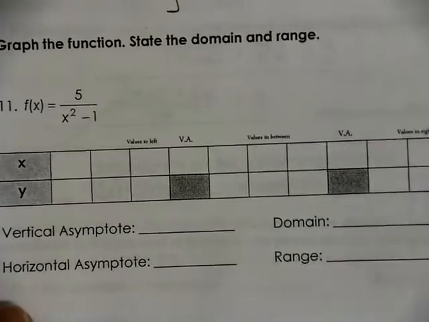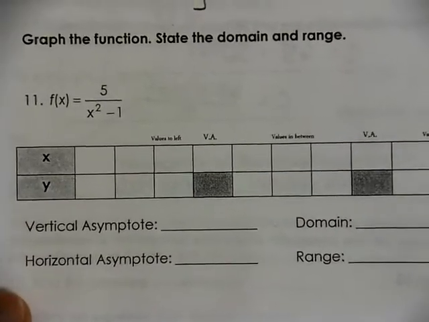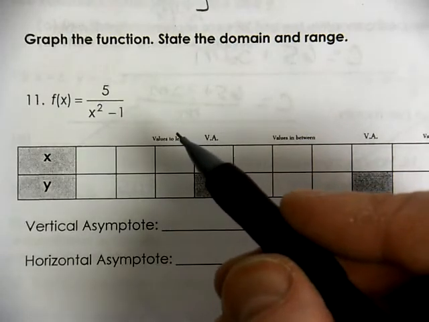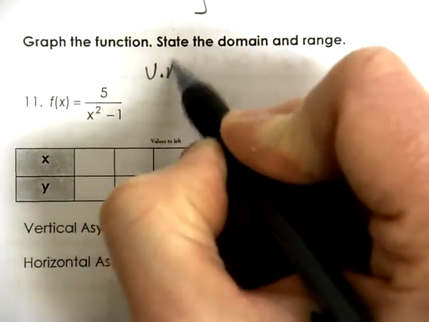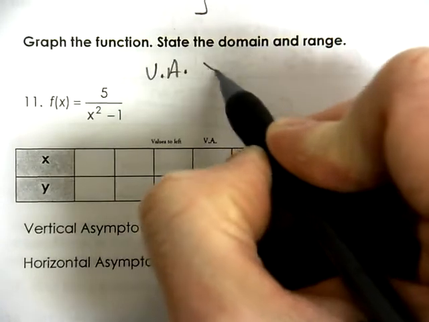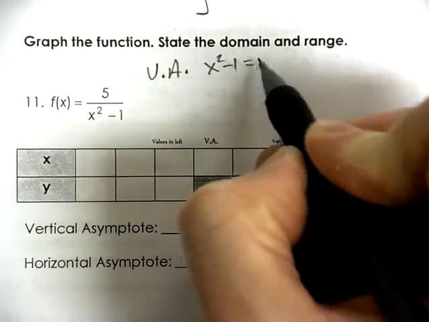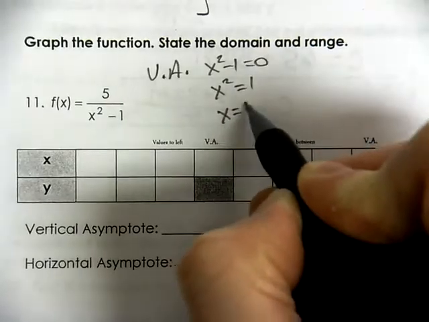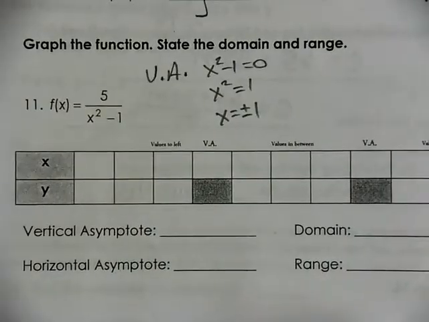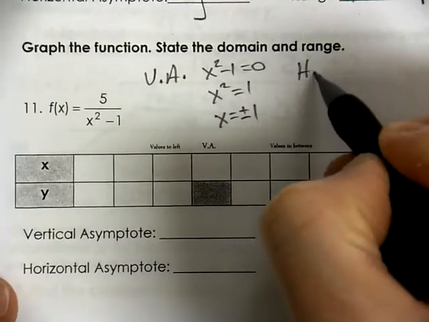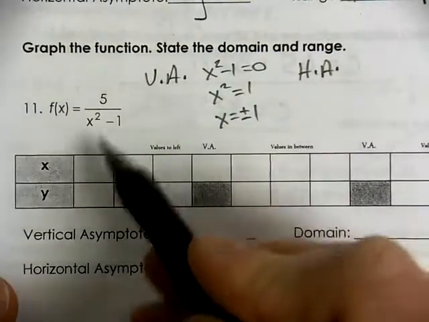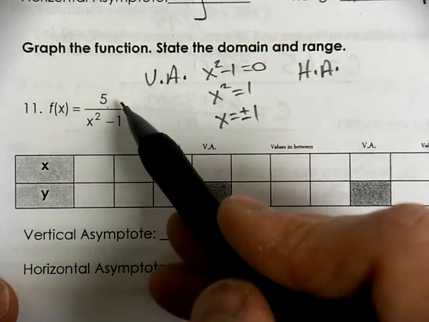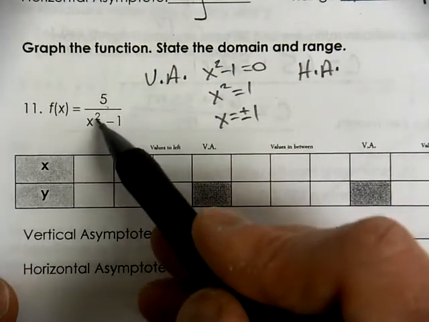Last one, we're going to graph our equation. We're going to look at our vertical asymptote. We're going to take our x squared minus 1 and set it to 0. Take the square root. You get plus or minus 1. For the horizontal asymptote, the degree of the top, which is 0, is smaller than the degree of the bottom, which is 2.